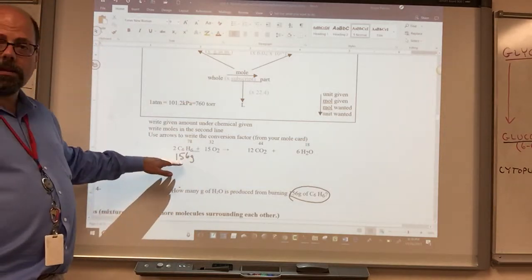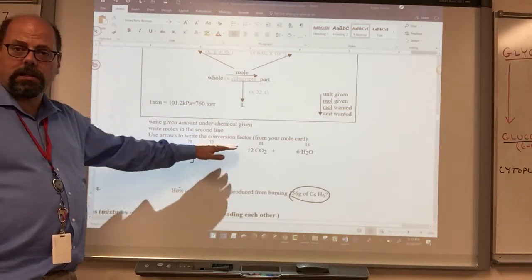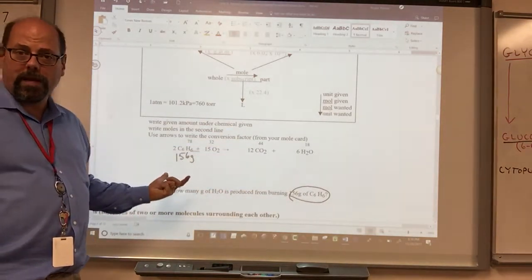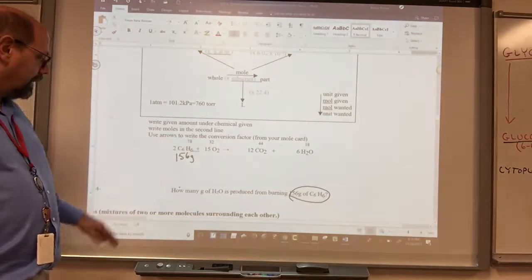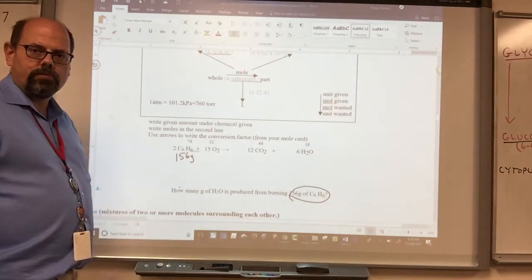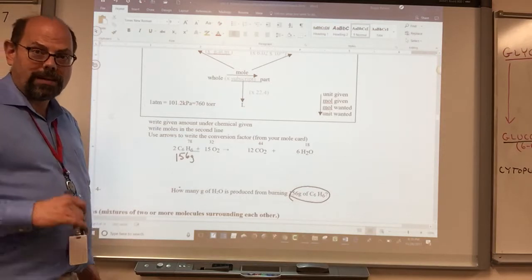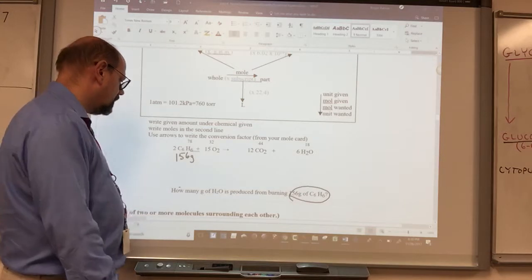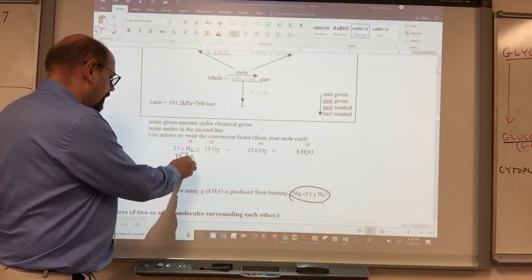I'm not going to write down the element because it's right underneath this one. As long as I get disciplined to write underneath each one the amount of information that deals with that one, I can get away with not writing C6H6 like I did with the conversion fractions. And I would be disciplined to write those down every time because I do forget, and that definitely causes me to get some errors. So 156 grams here.